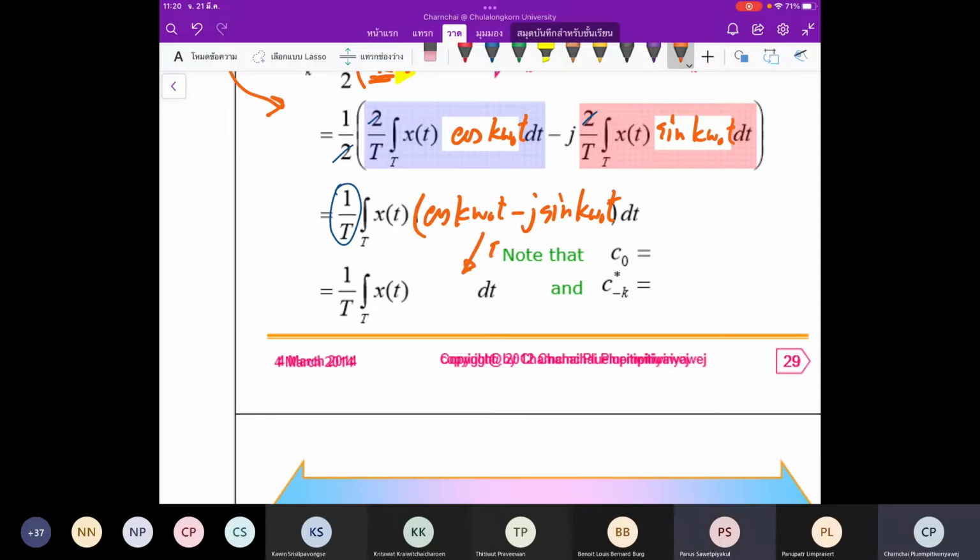This is Euler again. We have e to the negative j k omega naught t.